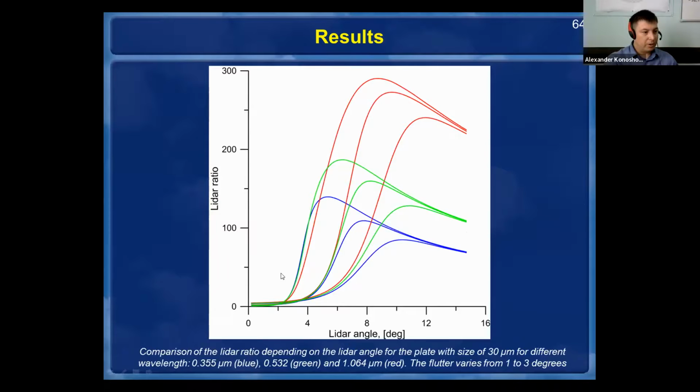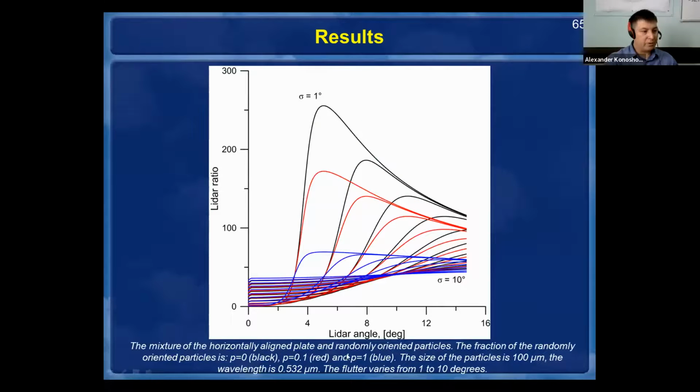And also, what happens if you use a mixture? It is very interesting. In nature we also see mixtures, where in the clouds there are some randomly oriented particles and some amount of horizontally oriented plates, for example like this. The black line is the proportion 0, so only horizontally oriented clouds, and we see this phenomenon.